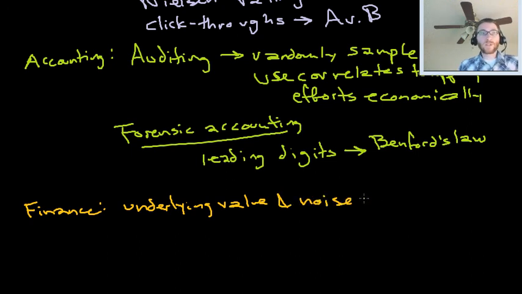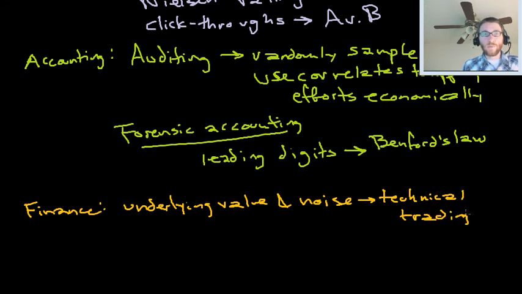Can you make predictions about the way the noise will work? Technical trading deals a lot with that kind of stuff. Do you know how the market will move? And value trading is, can you discern the underlying value? Can you tell if a firm is undervalued?